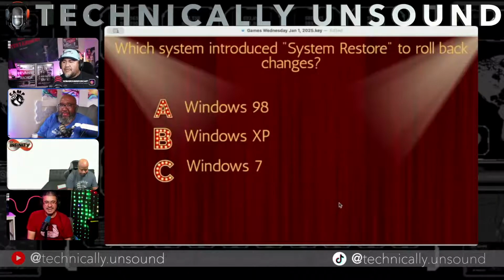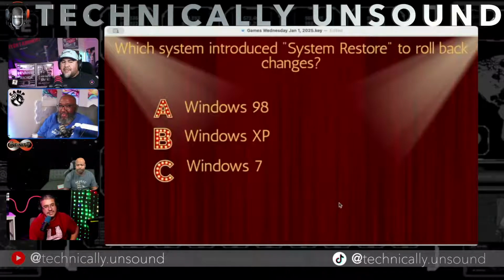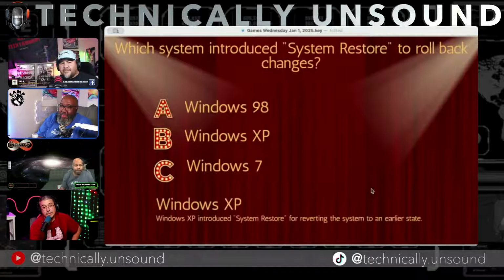They went back to XP or back to 98. I'm saying C. XP. Oh, System Restore. I knew it wasn't 98, but whatever.